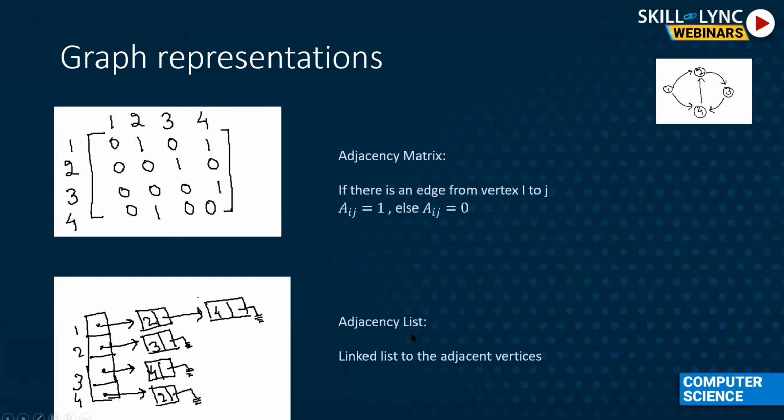That's why there's one other format that we can use to store the graph. We can use something called an adjacency list. In this adjacency list, the graph will be represented as a linked list.